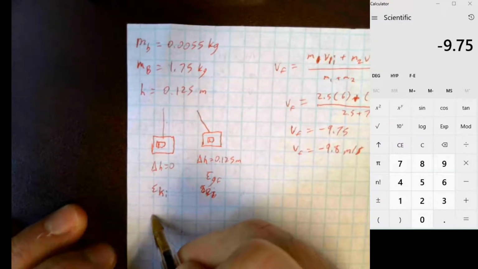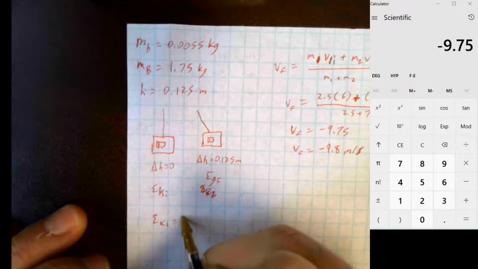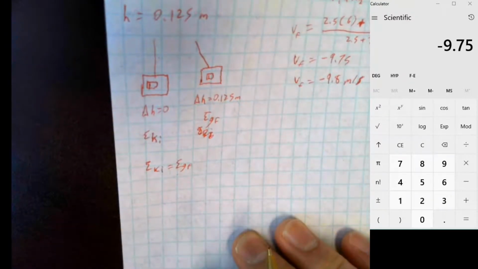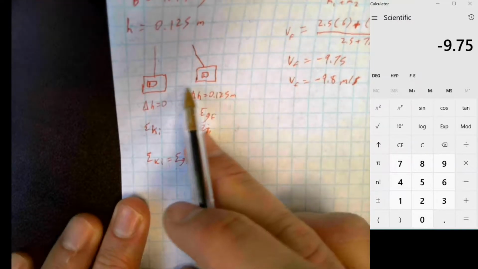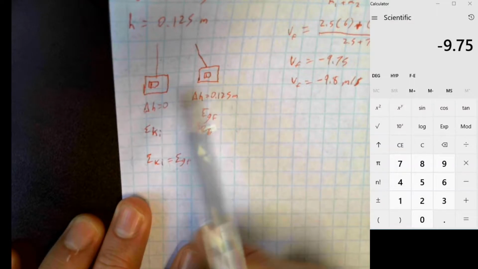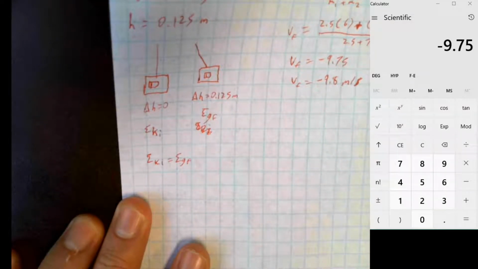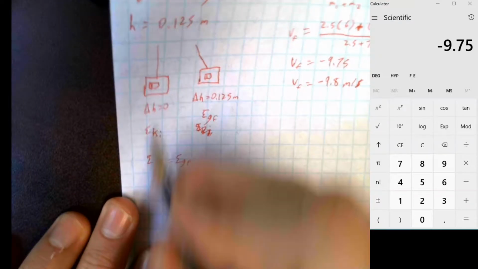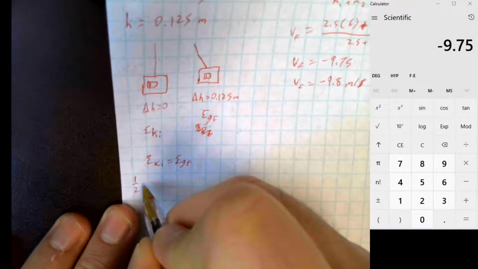So EKI is going to equal EGF because of the conservation of energy. There's no other force acting on them. There's no friction. There's no additional collision.